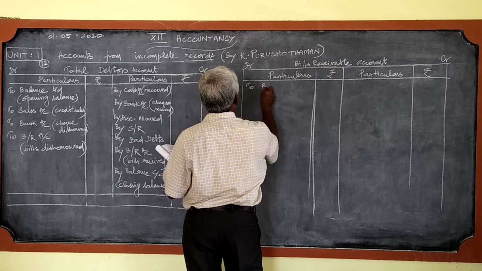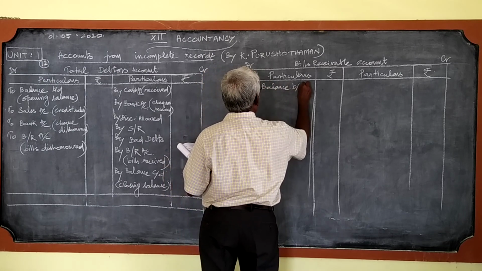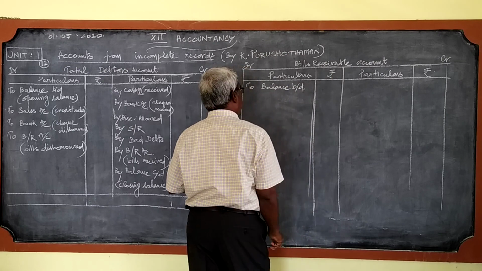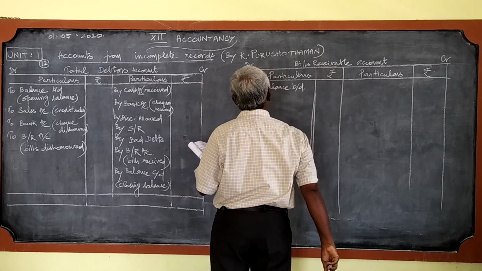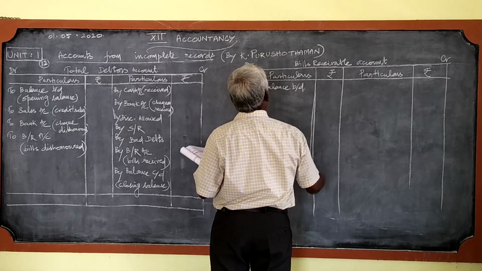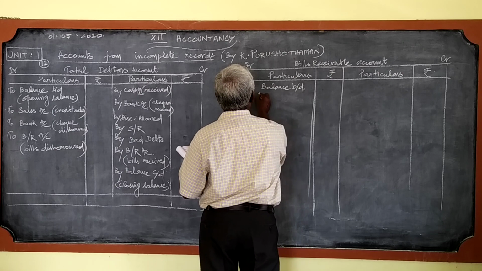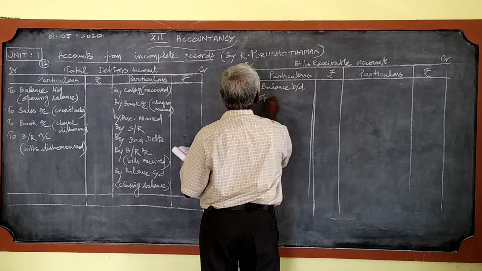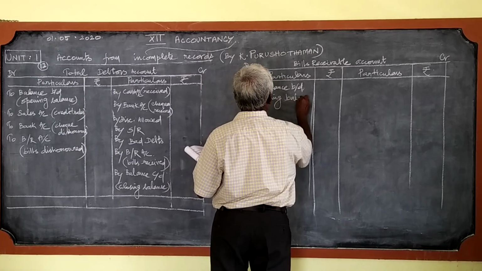To balance brought down: this balance brought down is written under the bills receivable account. So this is the amount of bills receivable at the beginning of the year. This is the opening balance.